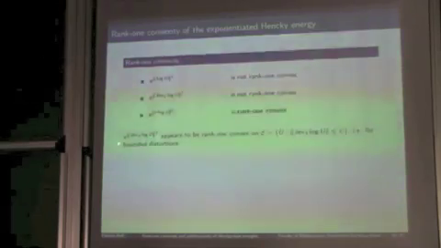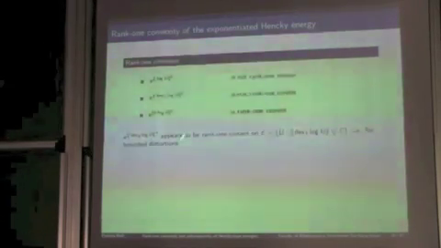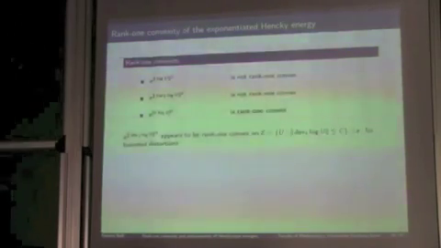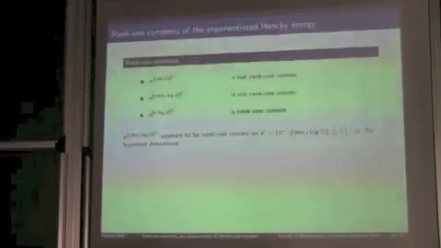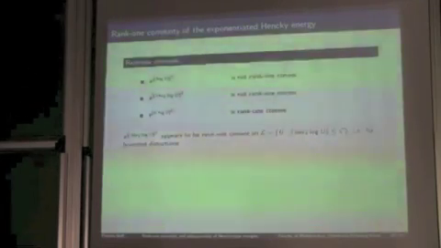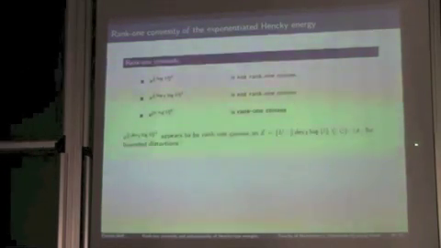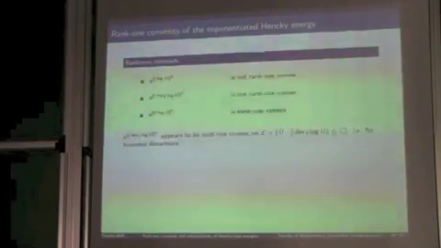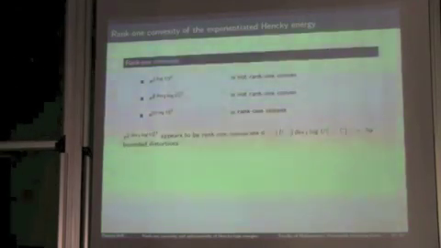However, in 3 dimensions, the new energy seems to be rank 1 convex on a very large domain, which includes the bounded distortions. If you control the distortions, not just the deformations, and you have a pointwise bound on the distortions, the number is 27, so arbitrarily large, then it seems to be rank 1 convex. So for applications, everything is fine.